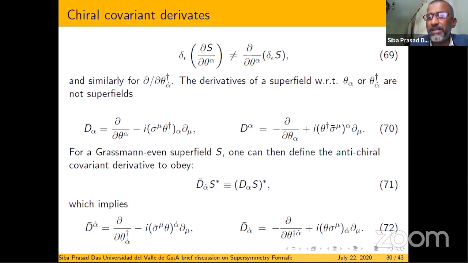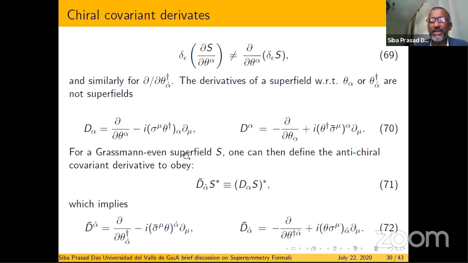So you see that the top line, which is equation 69, has an intrinsic characteristic that tells me whether it is supersymmetry invariant or not. Because the term in the bracket is not a superfield, it is not supersymmetry invariant. Similarly, for the gauge covariant derivative formalism in the superspace, you make a chiral covariant derivative, called capital D alpha and D bar alpha dot.